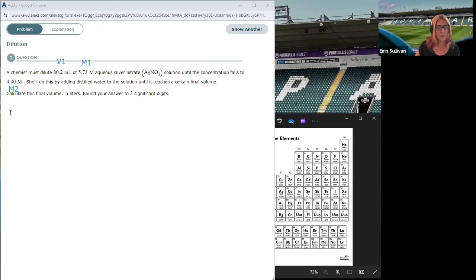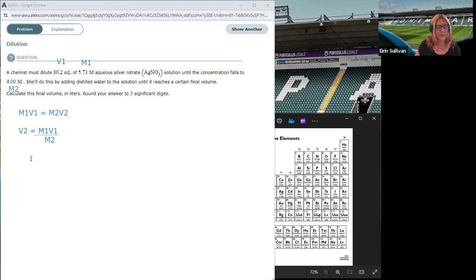We are asked to find the final volume, so we rearrange M1 V1 equals M2 V2 and solve for V2, which is M1 V1 divided by M2. Mathematically, we divided both sides by M2, so on the right-hand side the divide by M2 cancels out, and you end up with M1 V1 over M2.